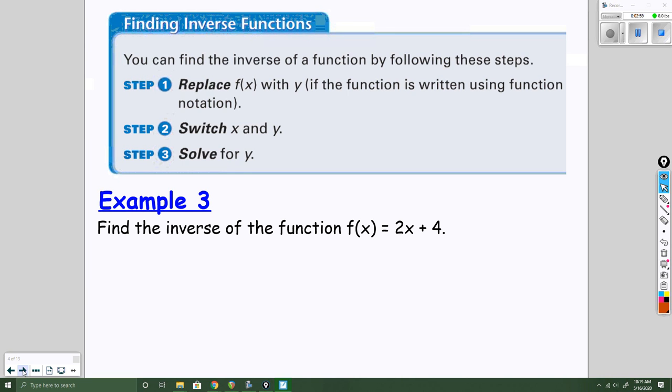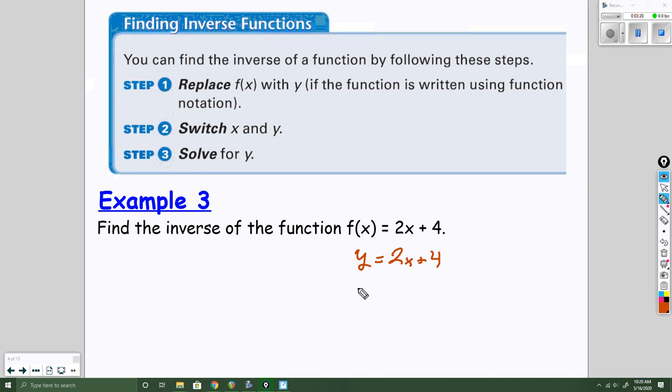All right, so to find an inverse function, first what we're going to do is replace f of x with y. And then after that, we're going to switch x and y and solve for y. So basically what we're doing here is rewriting it in equation form, and then we're switching the input and output values.